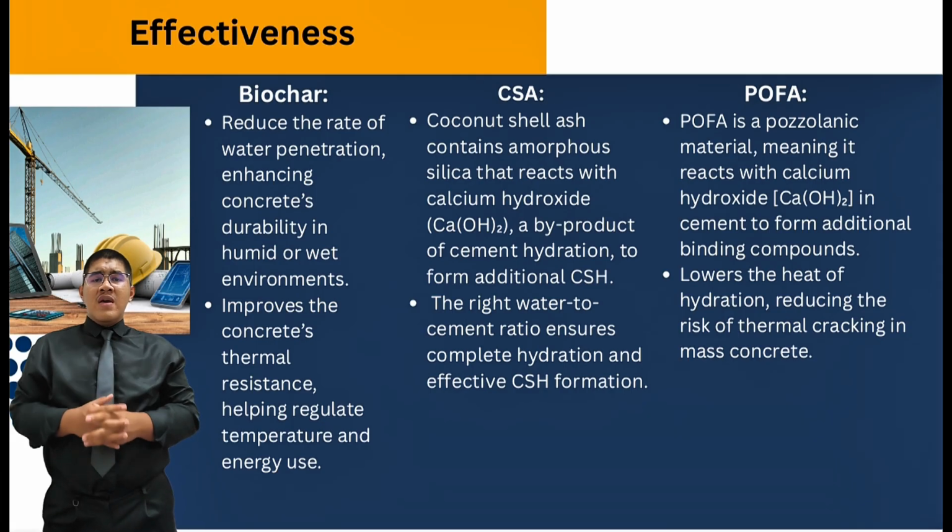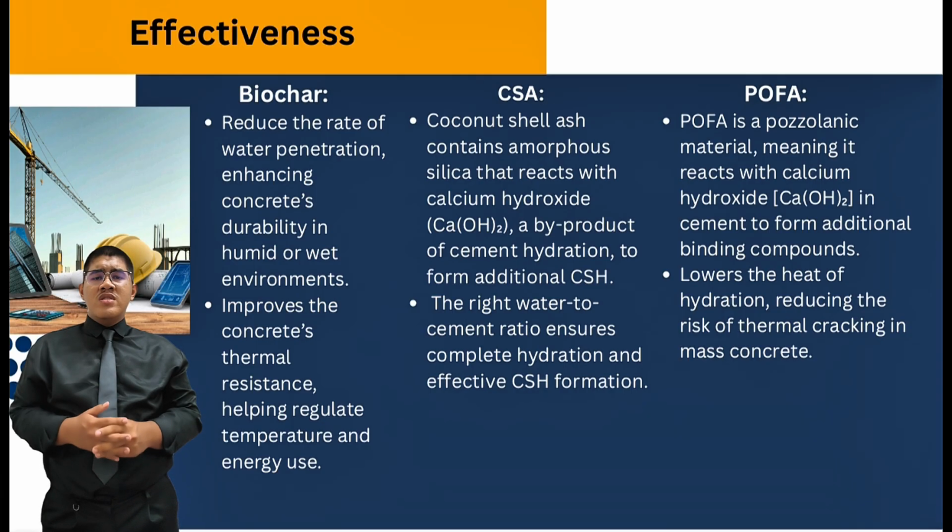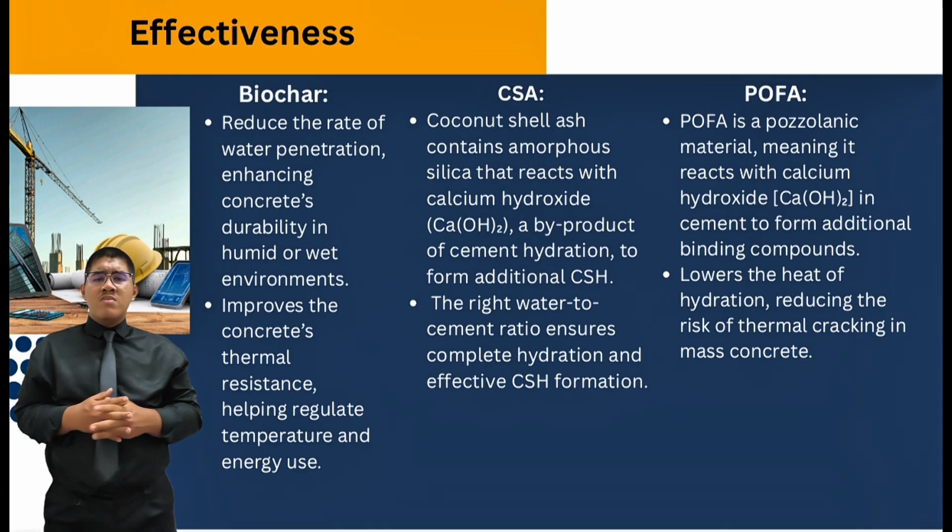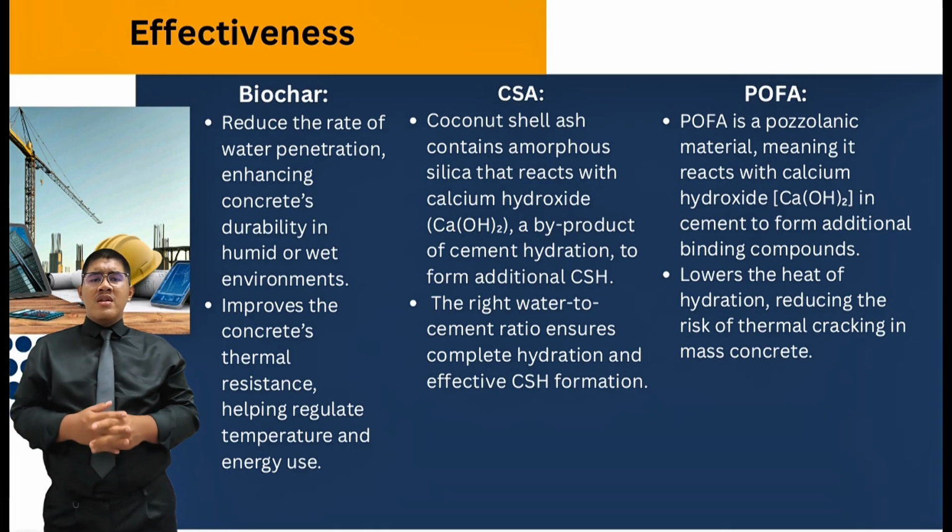First, biochar helps reduce the rate of water penetration in concrete, which increases its durability, especially in humid or wet environments. It also improves the concrete's thermal resistance, allowing it to regulate temperature more effectively and reduce overall energy use.